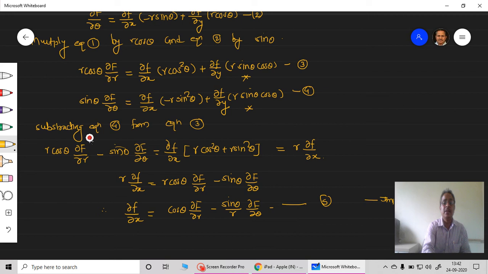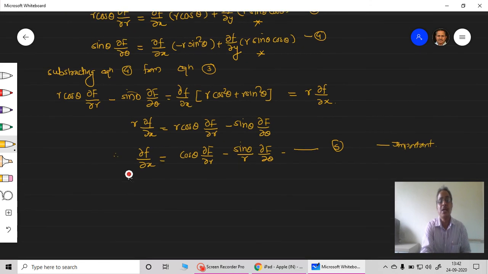Similarly, the next relation we are supposed to get is ∂f/∂y in terms of ∂f/∂r and ∂f/∂θ. To get this relationship, again we have to go for equations 1 and 2.